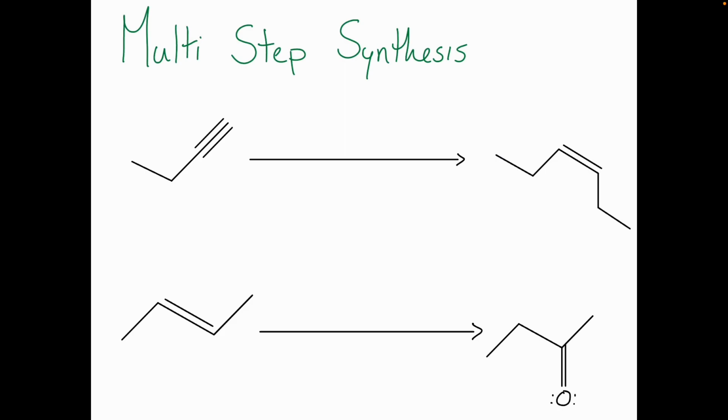So in this first one, something that jumps out at me right away is the fact that my reactant has 1, 2, 3, 4 carbons, and my product has 1, 2, 3, 4 plus 2 more, 5, 6. And there's only one method that we have that creates new carbon-carbon bonds. So I know I'm going to have to use that, and that method starts with an alkyne, so let's do that first.